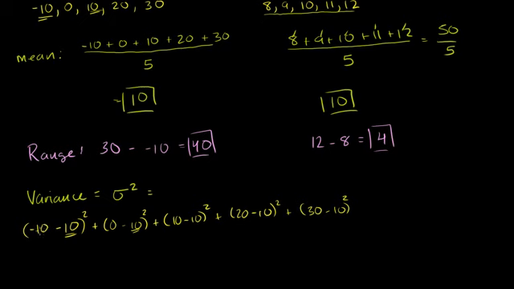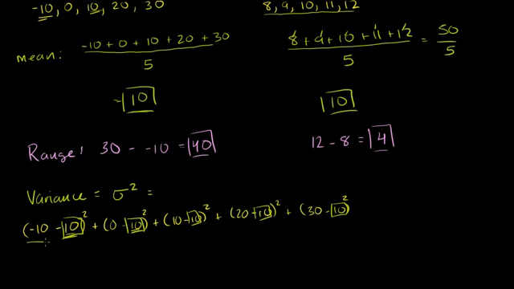So these are the squared differences between each number and the mean. I'm finding the difference between every data point and the mean, squaring them, summing them up, and then dividing by the number of data points. I'm taking the average of these squared distances.